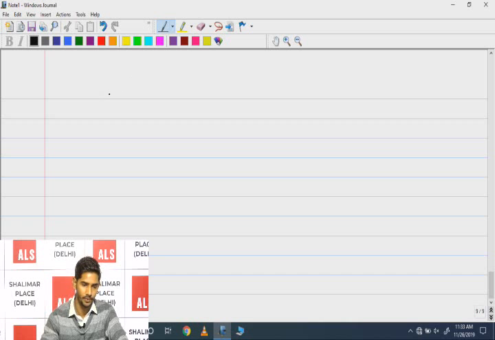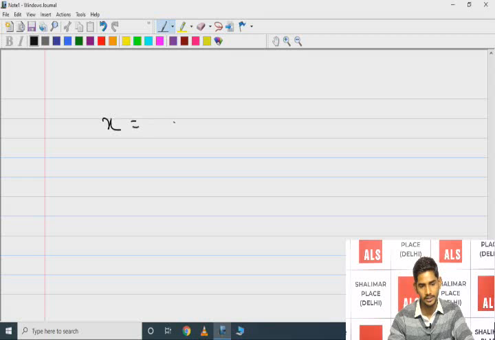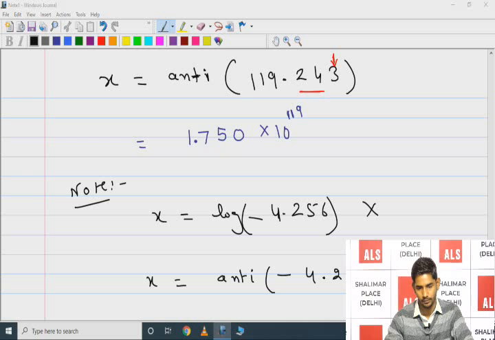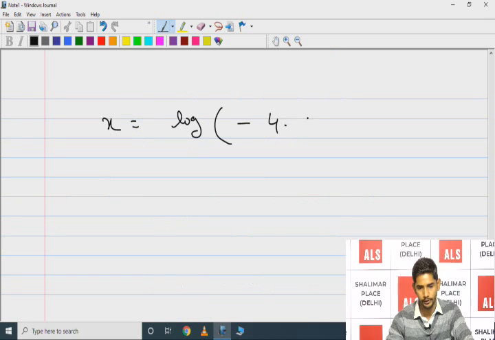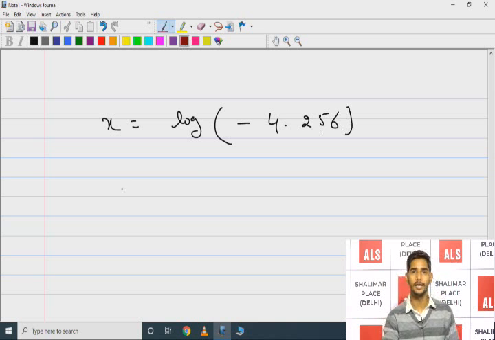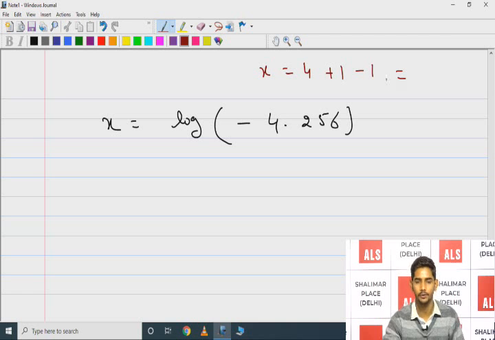Check out. x is equal to anti-log of minus 4.256. Guys, what we have to do? First of all, tell me, if x is equal to 4, I add 1 and I subtract 1, what will be the change in the initial value?